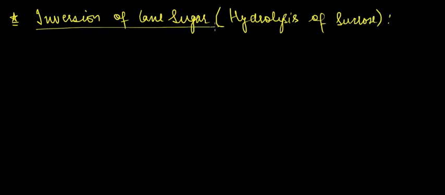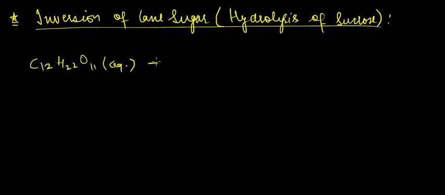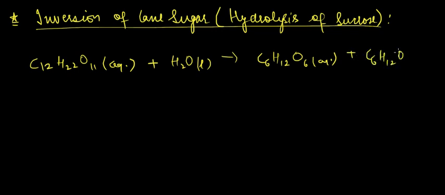So suppose we have C12H22O11 aqueous reacting with H2O liquid and forming C6H12O6 or glucose, again aqueous, plus C6H12O6 aqueous, which is fructose. So this is sucrose, and from sucrose we get glucose and fructose.